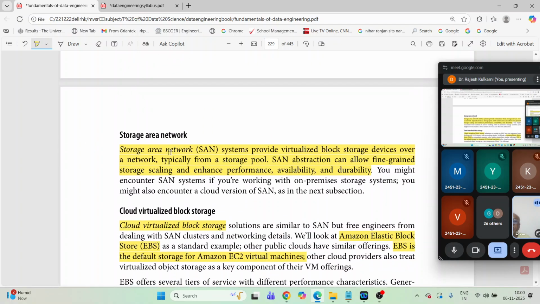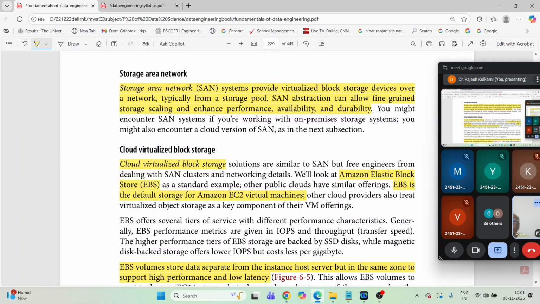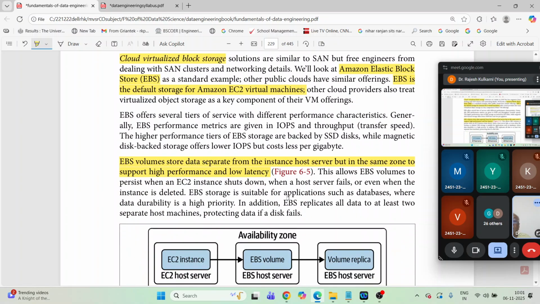We spoke about SAN, right? Storage area network. Then you also have cloud virtualized block storage. The example for that is EBS, Amazon Elastic Block Storage. This is the default storage for Amazon EC2 virtual machines. As I said, I'll be skipping most of the part and just highlighting a few of the important parts.